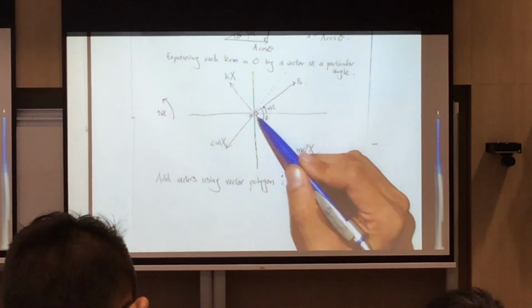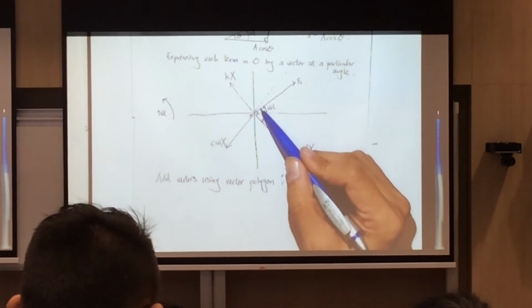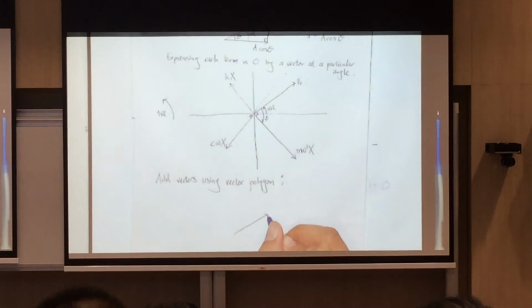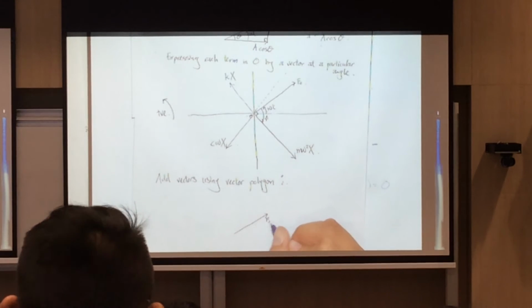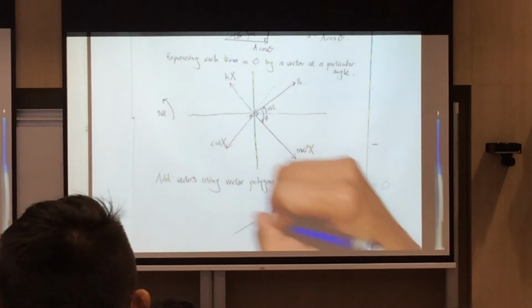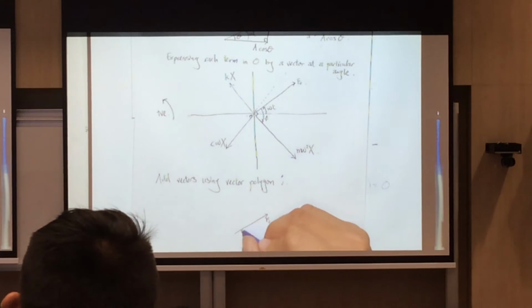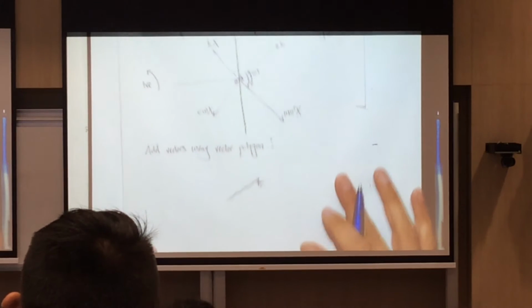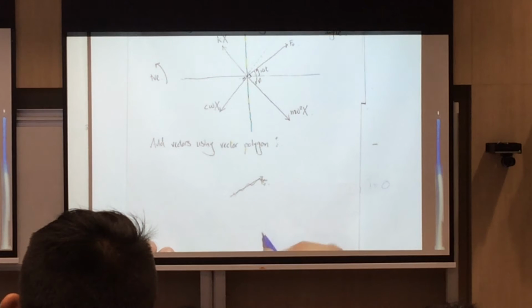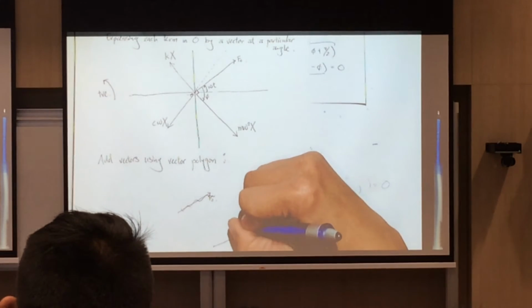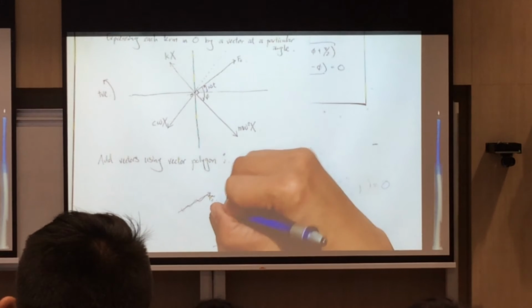F0 is at the angle of f omega squared, which is this angle phi. Now we're going to have a closed polygon.